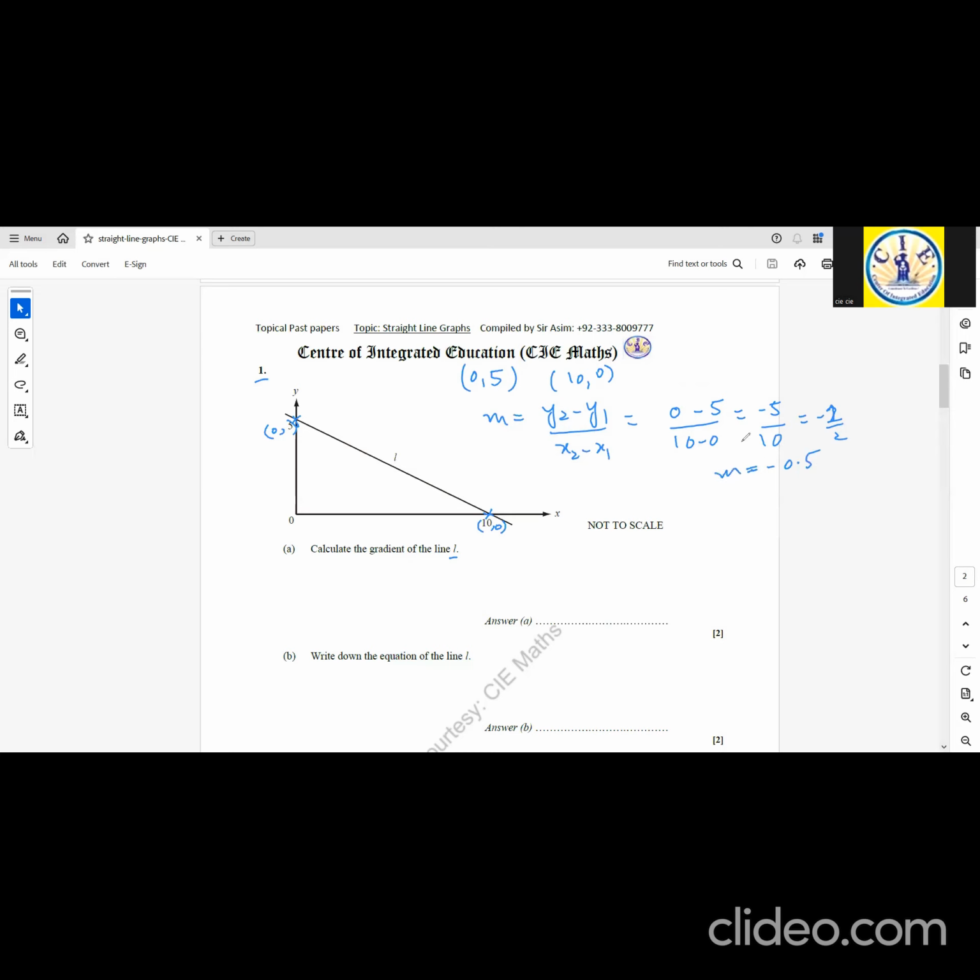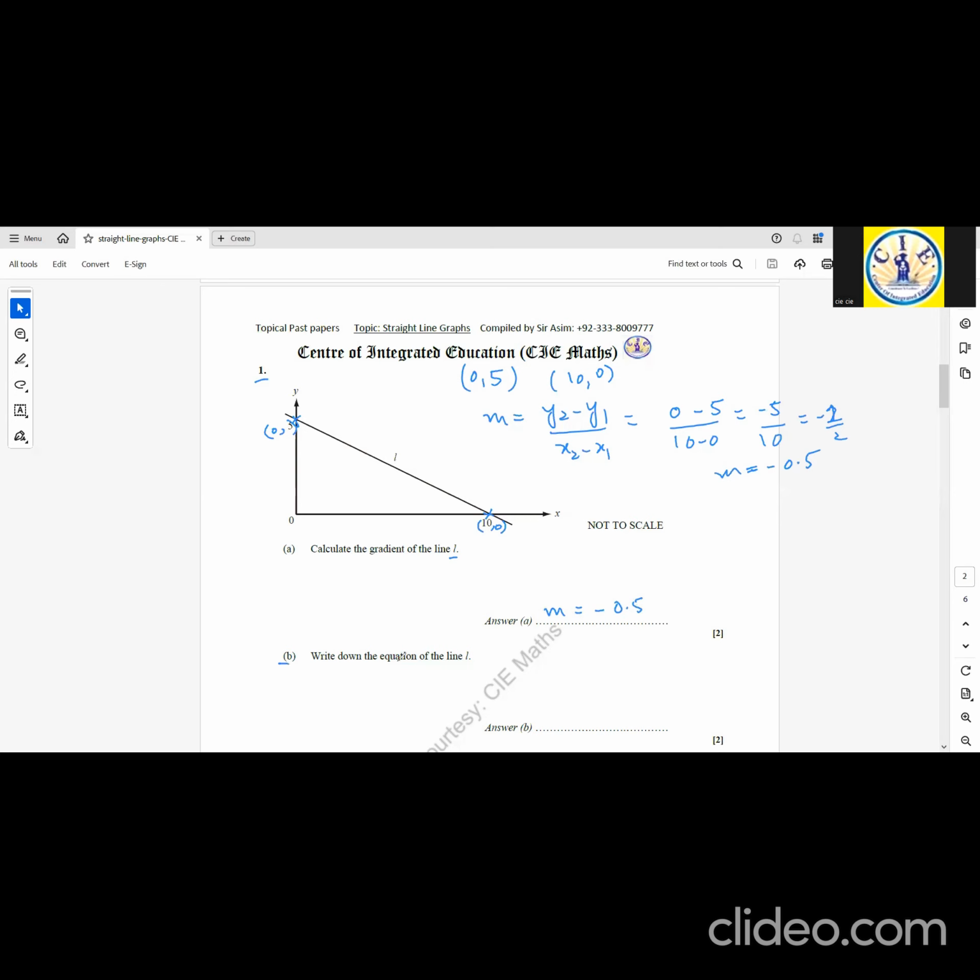So this is how we calculate the gradient of the line. So the gradient of the line is negative 0.5.